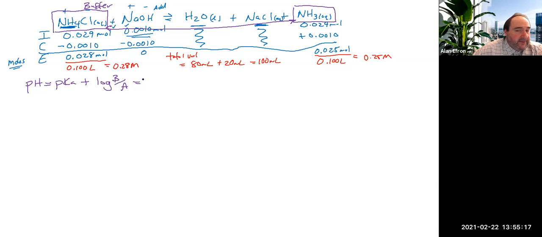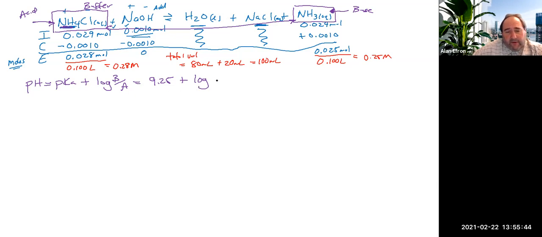The pKa value is going to be the same as the first one, so still 9.25 plus the log again of our base. So again, being able to recognize which one is which is really important. So this again is our base here. This again is NH4 plus, which is our acid. And again, in this particular problem, because of the way it was given to you, you would know it's an acid because of the Ka value that was given.